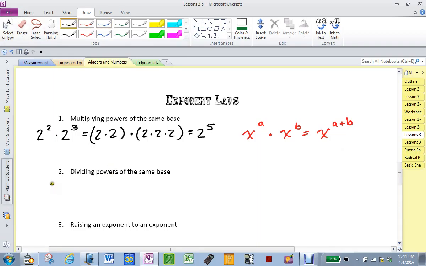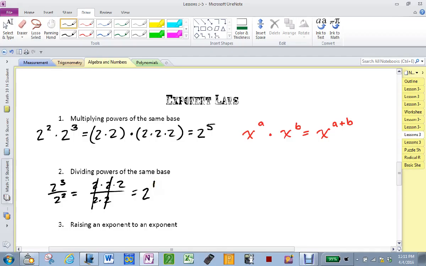Dividing. 2 cubed divided by 2 squared. What does it really mean? 2 times 2 times 2 over 2 times 2. What do you get to do with anything that's the same on the top and bottom of a fraction? Cancel it. 1, 2. Leaving me with 2 to the first.